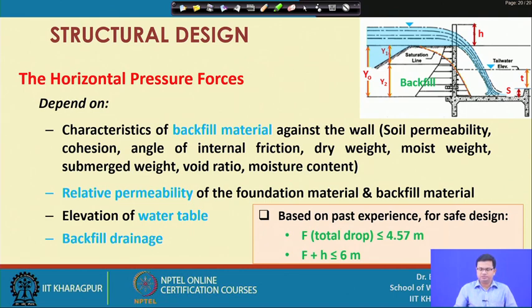Based on the past experience for safe design, generally the total drop is considered as less than equal to 4.5 centimeter, but in general cases we allow maximum 3 meter, and F plus H should be less than equal to 6 meter.